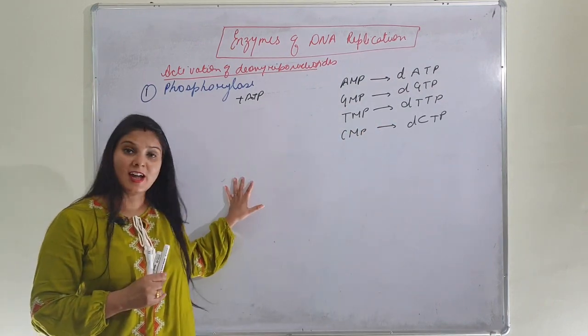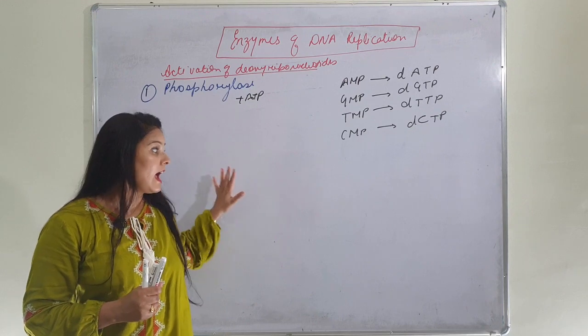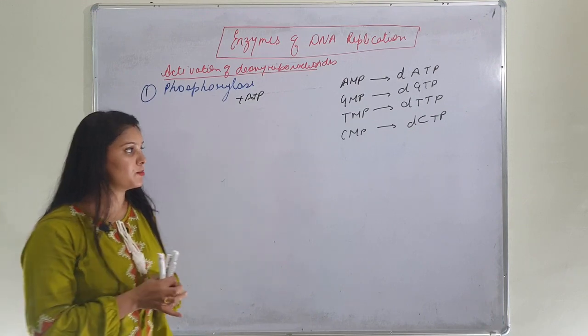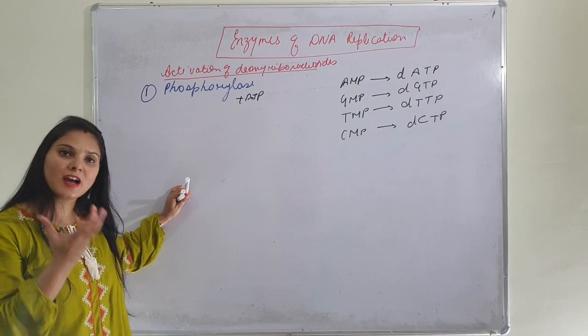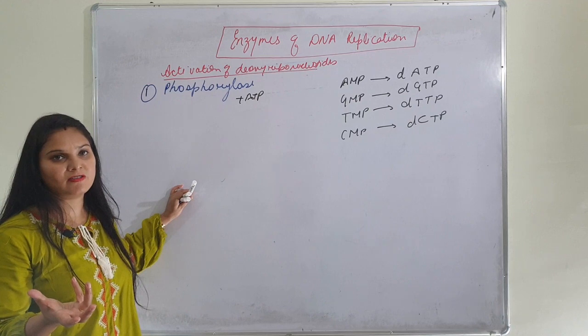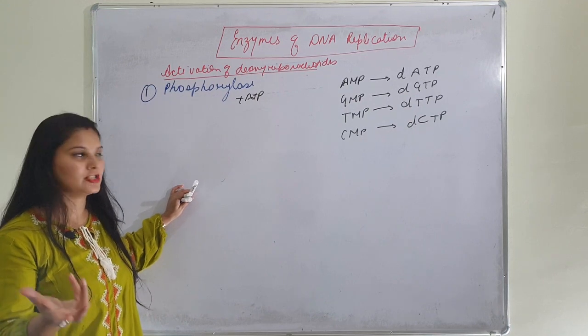DNA replication starts at the initiation point, and after recognizing that initiation point, DNA has to be unwound from that position, and this unwinding gives it a Y shape.